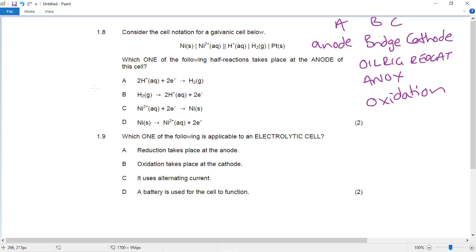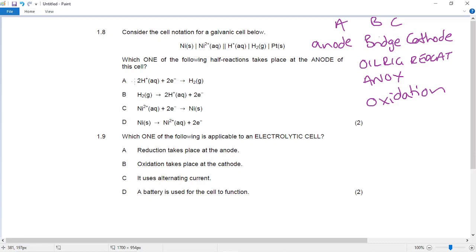So we need reactions that are oxidation reactions. Am I talking sense here? Yes. Reduction occurs at the cathode, oxidation occurs at the anode. So if we are oxidized, we are losing electrons, if I'm not mistaken.